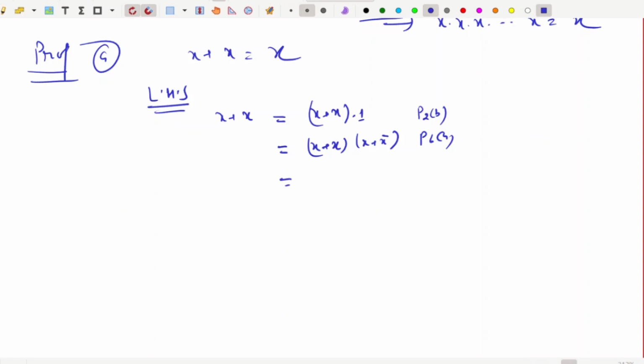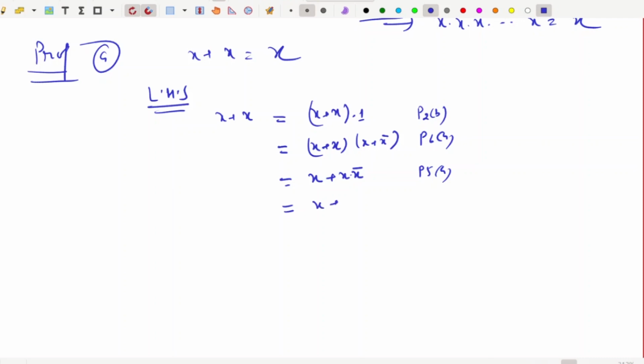Then what is here? X plus x, and x plus x complement. Then by using the distributive law, we can say that this is written as x plus x into x complement. It means simply that x plus yz is written as x plus y into x plus z. So this is the distributive postulate, postulate 5a. Then we know that x into x complement is equal to 0, by using postulate 6b.